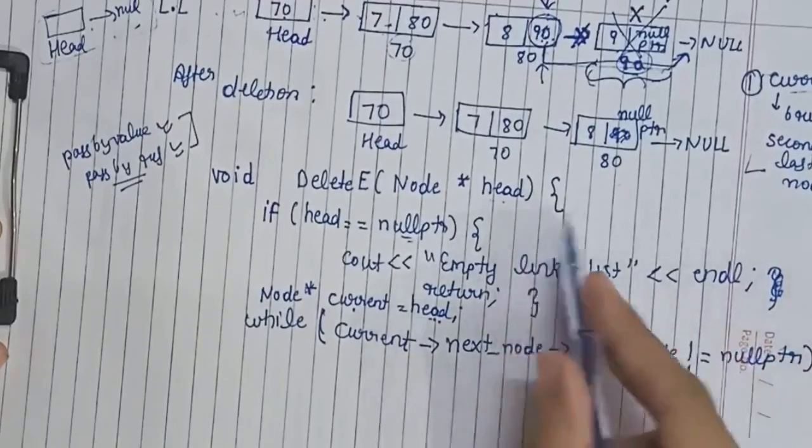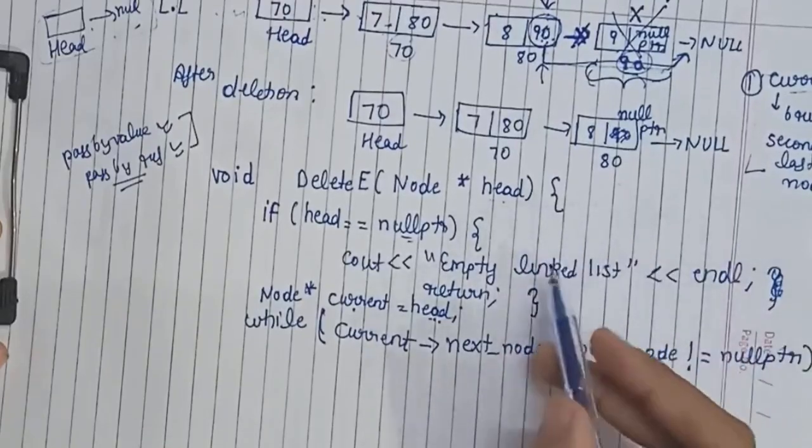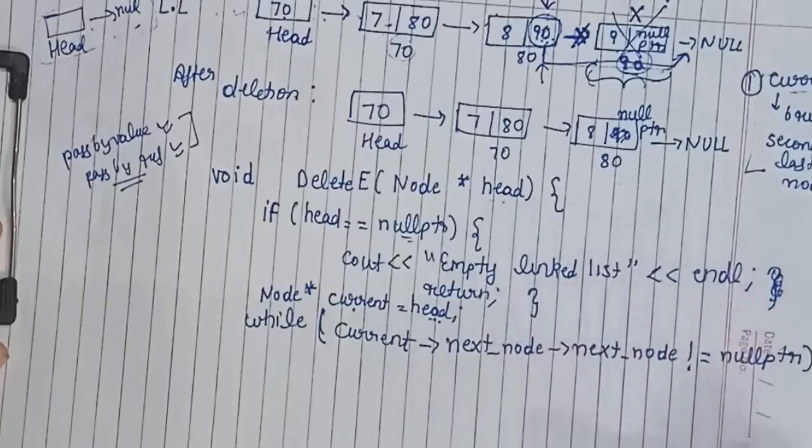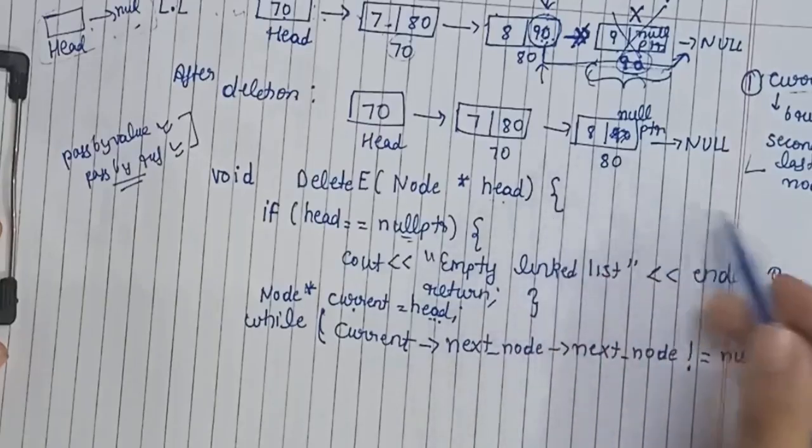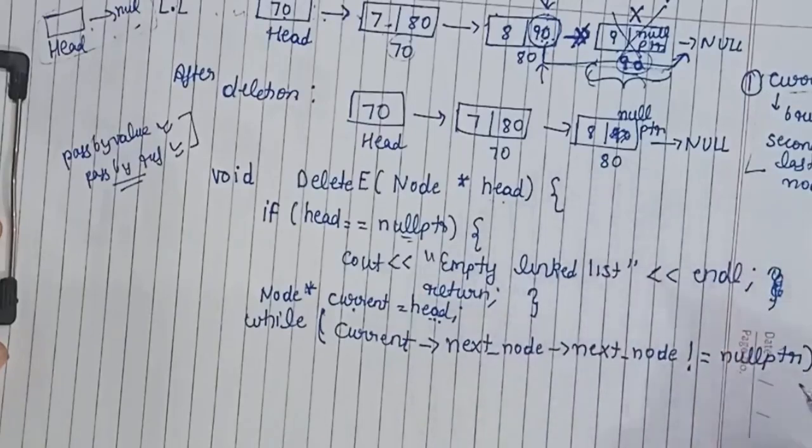If it seems that you are not able to understand this code, then don't worry about it, because we will also be writing this code in Visual Studio Code, where we will see the working of this code. First I am explaining this code to you here on the paper.